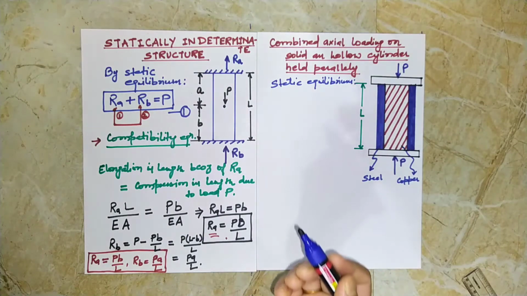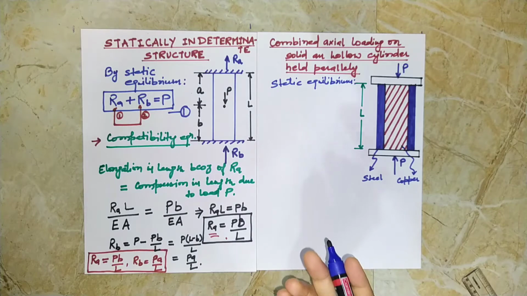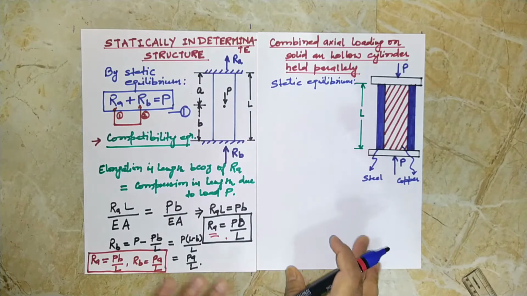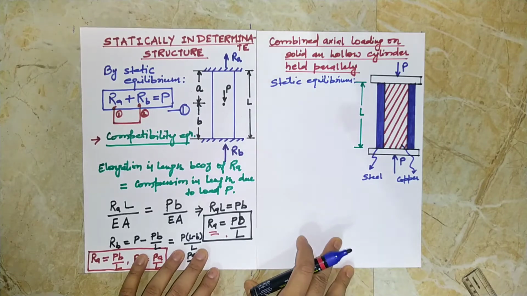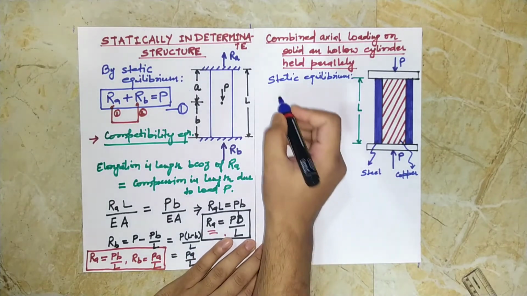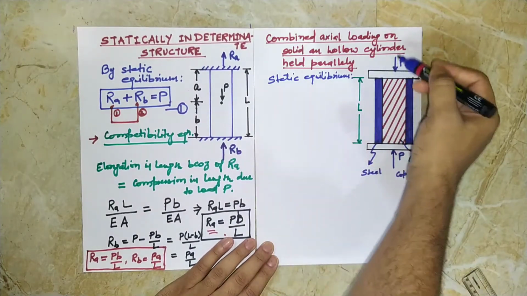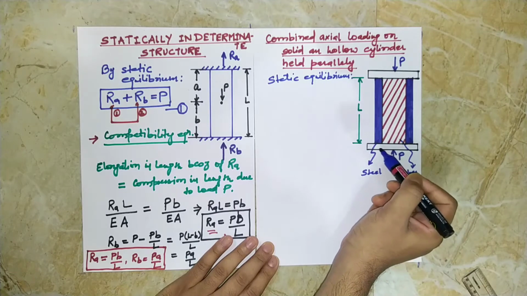So first we'll use the static equilibrium condition, and let us find out whether the static equilibrium condition is enough for us to find all the reactions, or else we need some compatibility equation also. Okay, so let us first start with the static equilibrium condition. When we apply this loading, it will be shared by the solid and hollow cylinder.